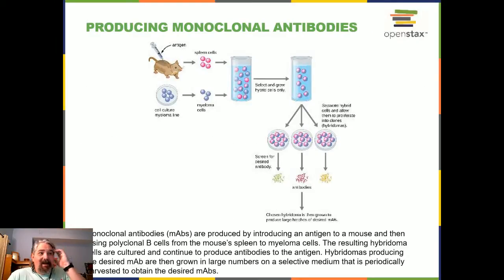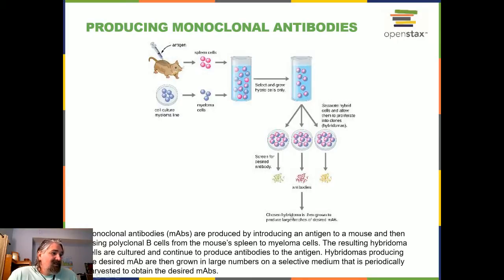So monoclonal antibodies. Takes a lot more work to pull this one off. So again, it's the same for producing any kind of serum. You introduce the antigen to the animal, but then you have to fuse the polyclonal B cells from the mouse's spleen to myeloma cells. So you're immortalizing specific cells.